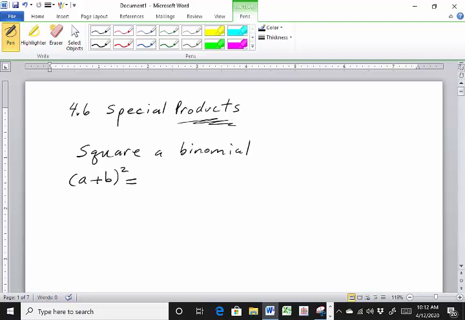Now, recall our definition for exponential notation. We can expand it out in standard notation as a plus b times a plus b, right? And then now you know how to deal with this. This is just using FOIL or the distributive law.